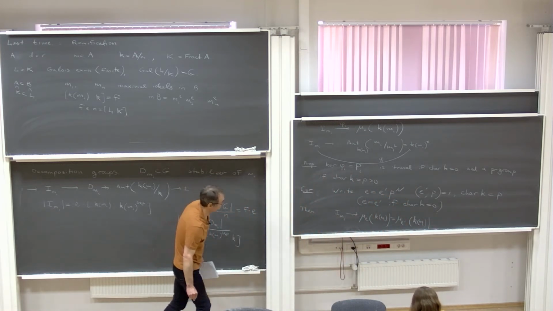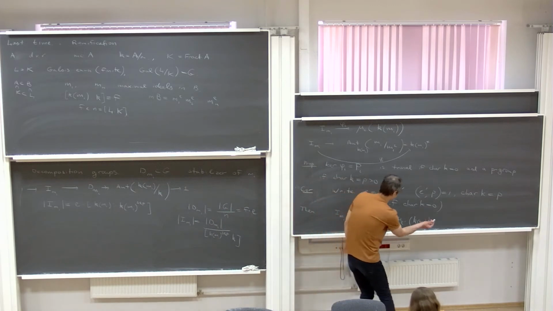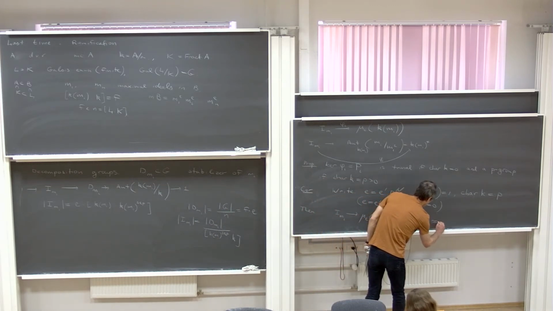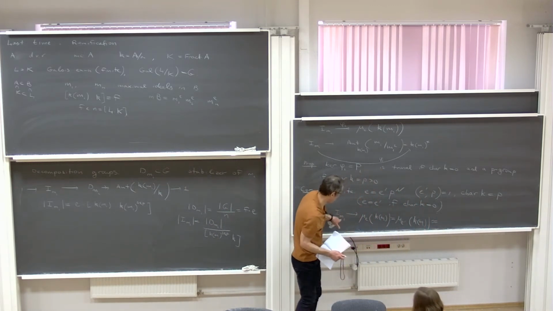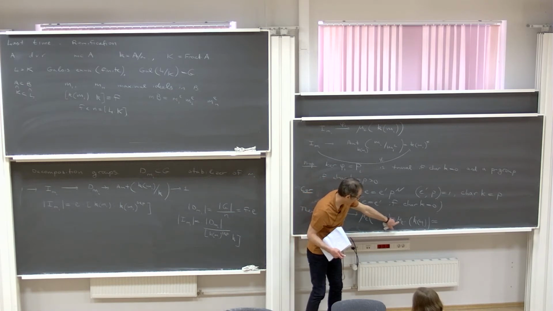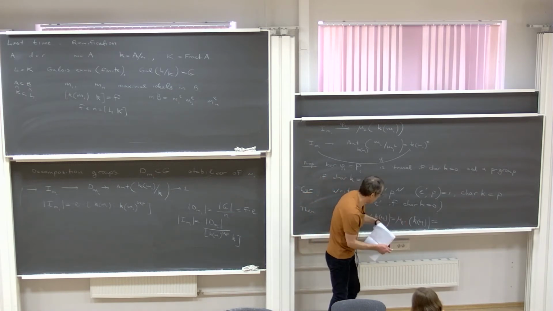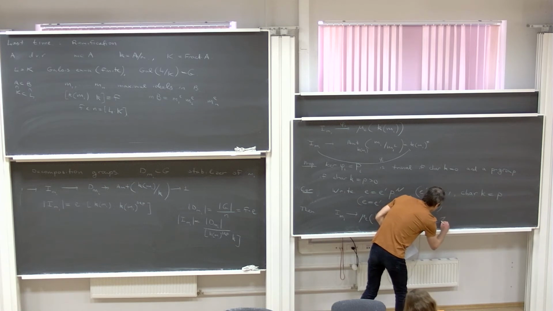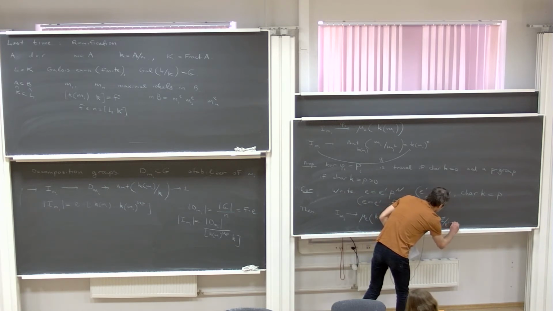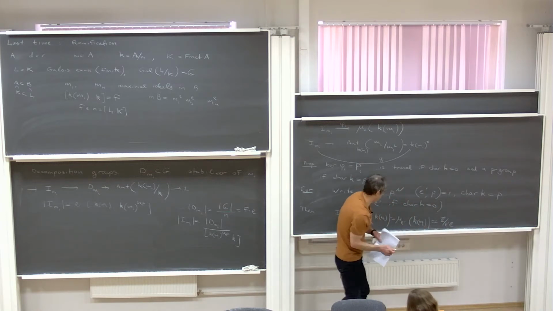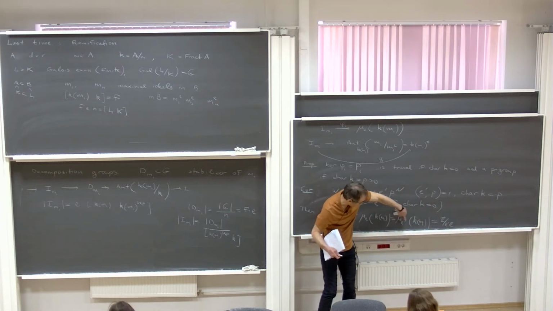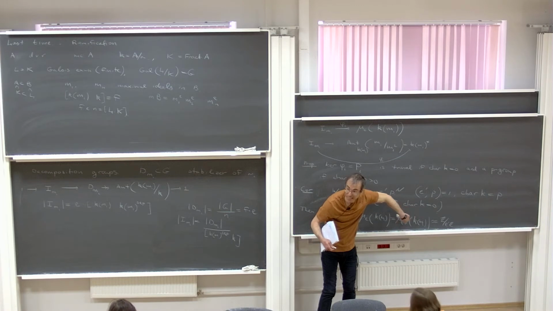And so I claim that this group is isomorphic to Z mod E prime Z. That is to say that this residue field contains all roots of unity of order E prime.